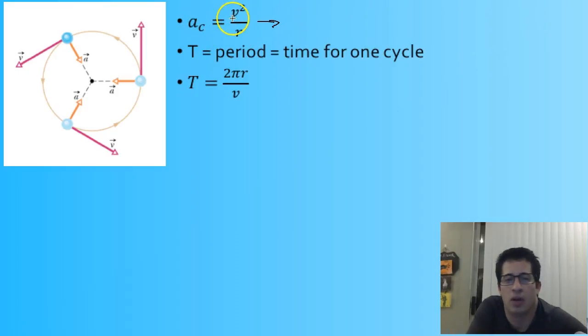That means an object going faster will experience more or less acceleration? It experiences more, because we have v squared on top here. An object with a larger radius will experience more or less acceleration? Less. The bigger r gets, the smaller the value for a.